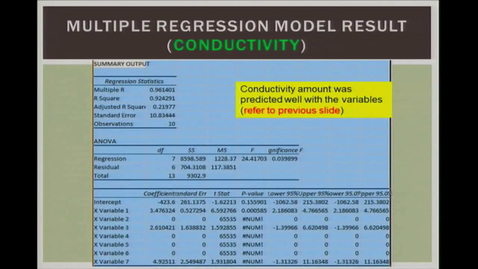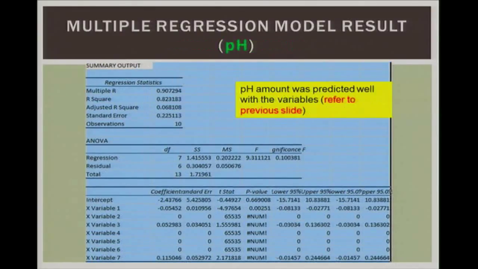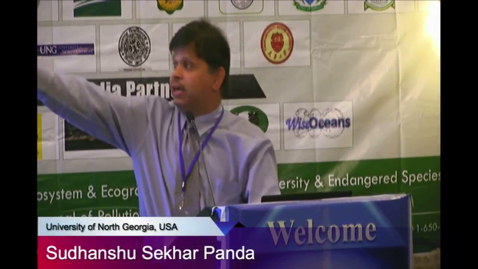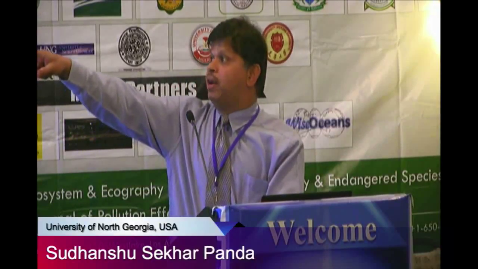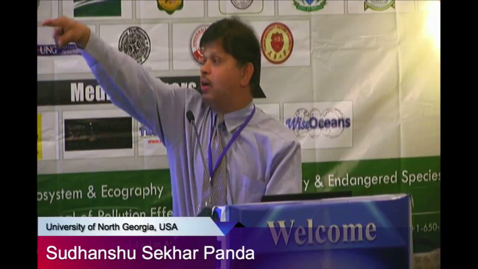And I have all the R-squares. Check that your conductivity, 92%, is very well predicted. That means with land cover data and soil data, we can predict the conductivity of the water with about 90% accuracy. And this is your pH data. It predicts really well, 82%. This one doesn't work that nicely. You can check the second R-square, 82%. Then this one, 90% alkalinity, R-square on the top left, second row.